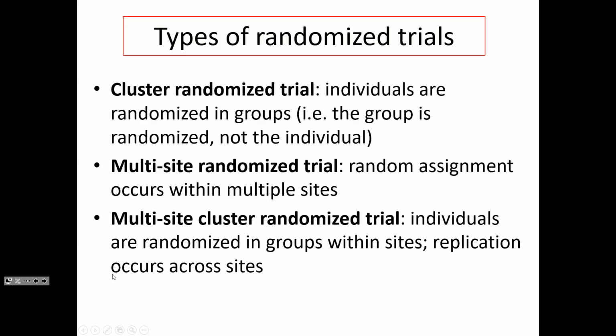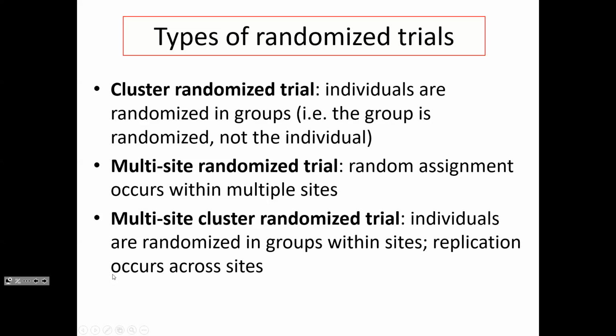Cluster randomized trial. These are important terms to know because I use them on the homework and they imply a particular kind of data structure. In a cluster randomized trial, individuals are randomized in groups, which means the group is randomized, not the individual.